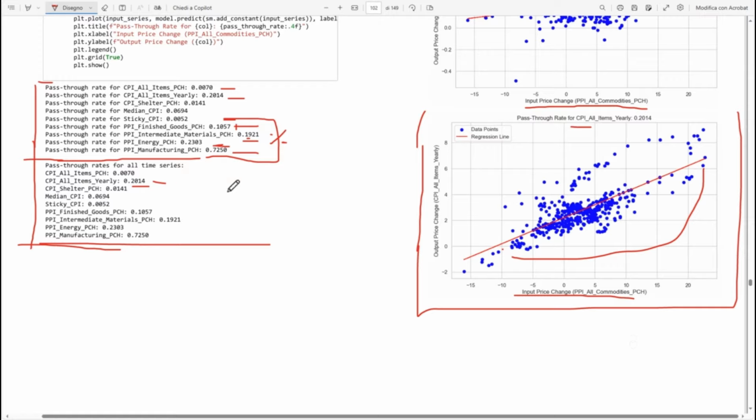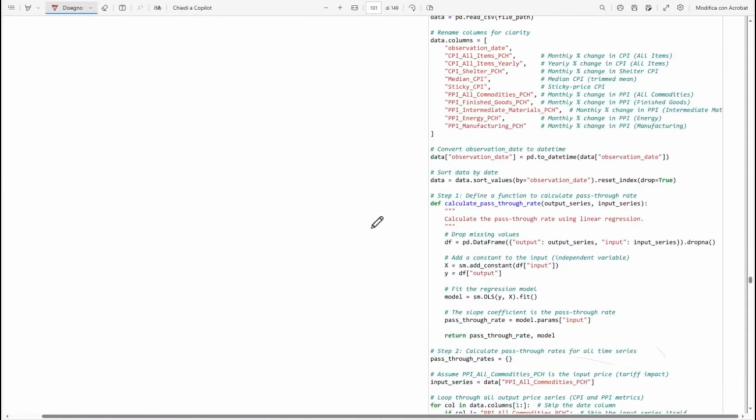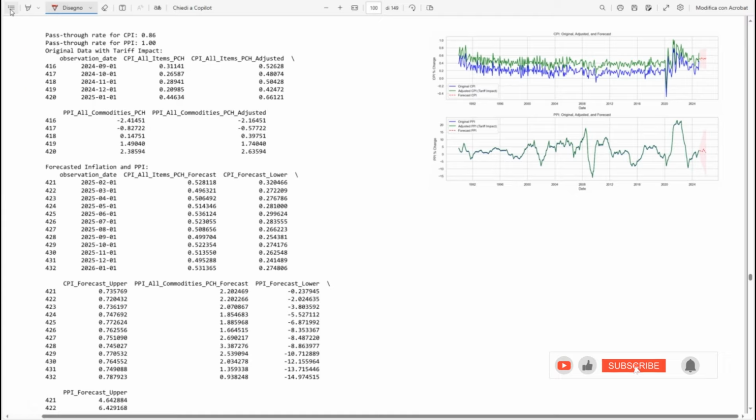Some are larger, like manufacturing 0.72%, PPI, this is not energy, this is core PPI 0.23%, and finished goods 0.10%, medium PPI will increase by 0.07%. So these are all in all marginal inflationary pressures, on both consumer prices and producer prices.